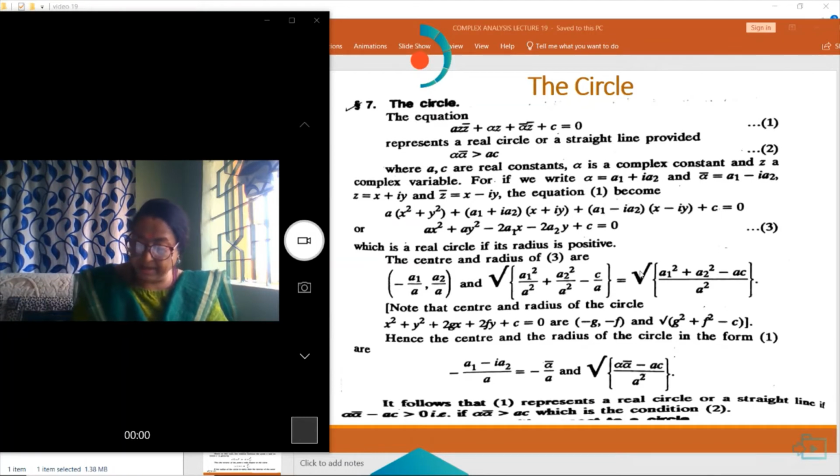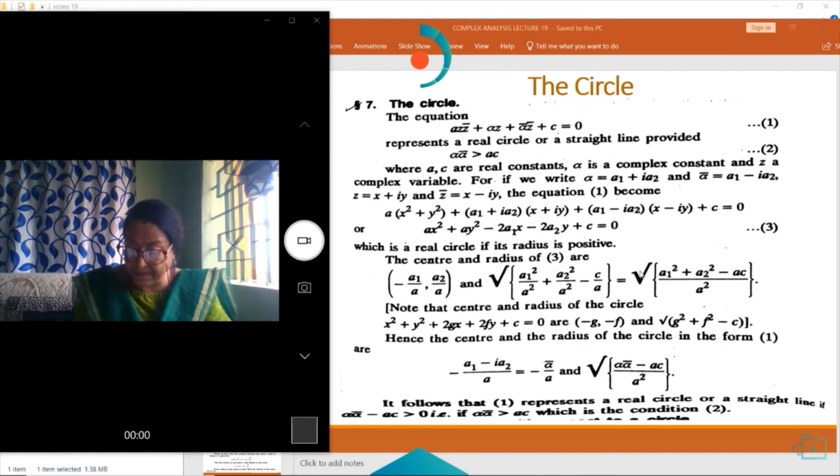So z can be written as x plus iy and z bar as x minus iy. Putting these values, z into z bar can be written as x square plus y square. Then alpha can be written as a1 plus i a2.